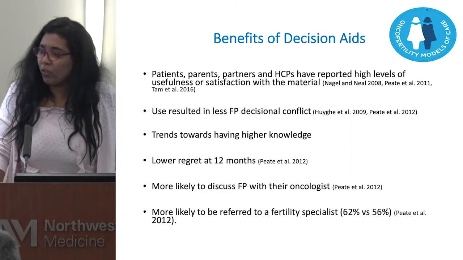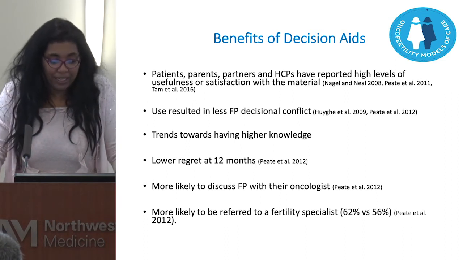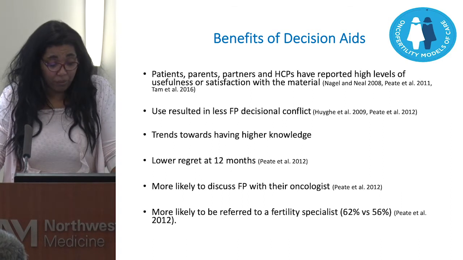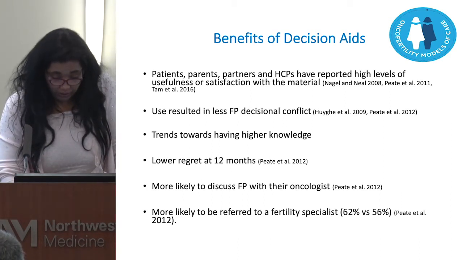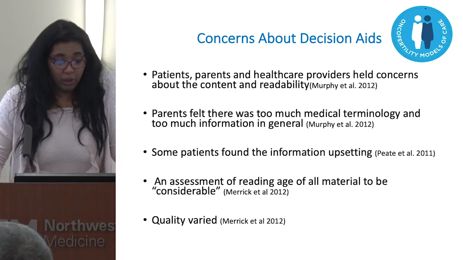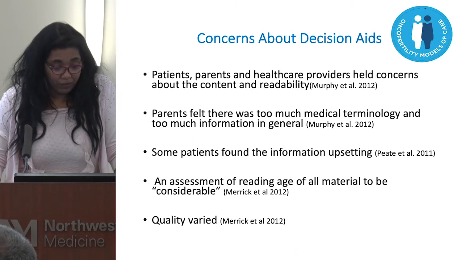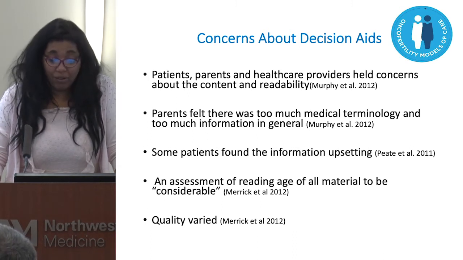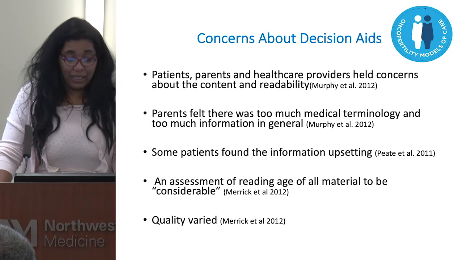They were more useful in terms of engaging medical staff in discussions about fertility preservation, and patients who had decision aids were more likely statistically to be referred to see a fertility specialist. But there are some concerns. So the content and readability is obviously an issue for some patients. Parents often felt that they could be a little bit too technical.